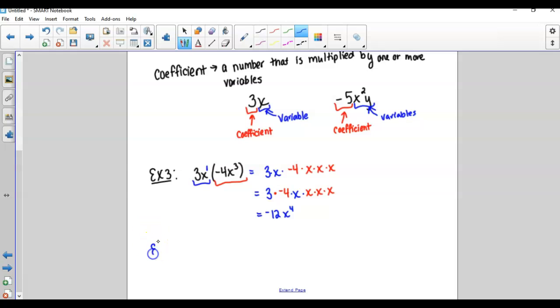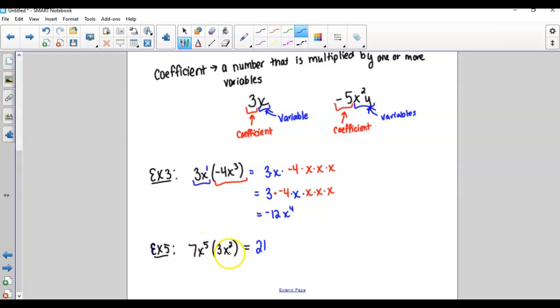So what I would like for you to work up to doing here is, if you have a problem like 7x to the 5th times 3x squared, like so, you can see we can multiply those coefficients together. So 7 times 3 is going to give me 21. And then we're going to multiply our x's together.